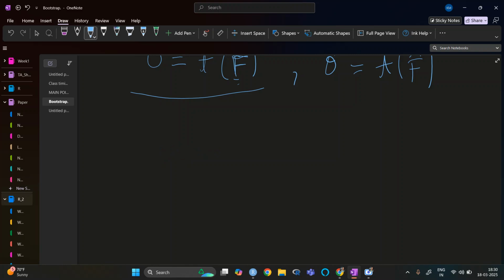The next point is the standard error. The standard error of this theta cap, which is the parameter basically, is the square root of VB, and VB can be found in the similar way we have found the variances till now.